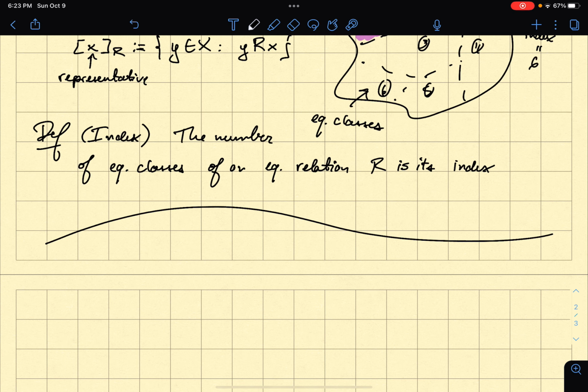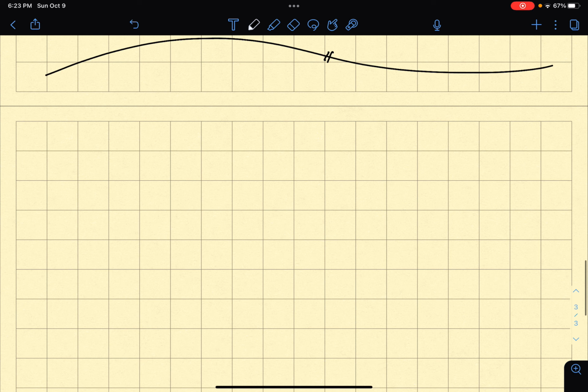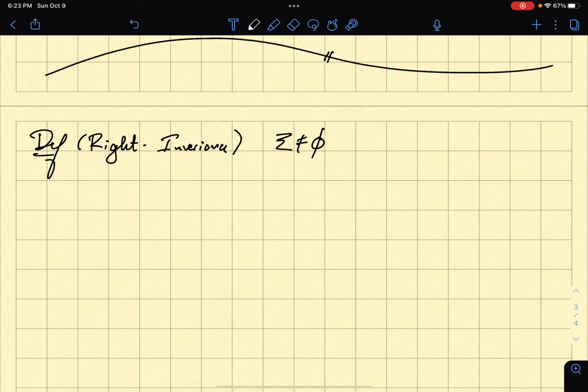Now we can actually get to some newer definitions. And so the first one is going to be specific to equivalence relations, and it's going to be called right invariance. Okay, so again, suppose I have a non-empty alphabet.